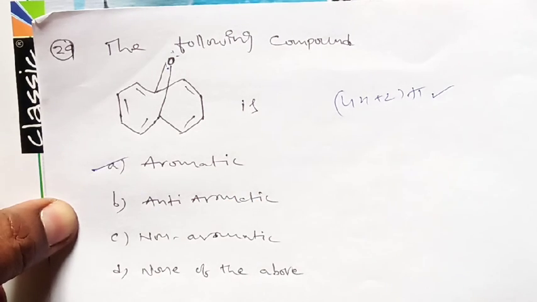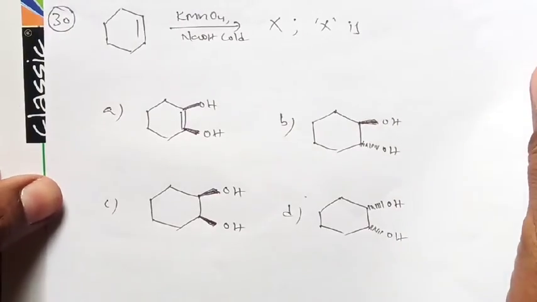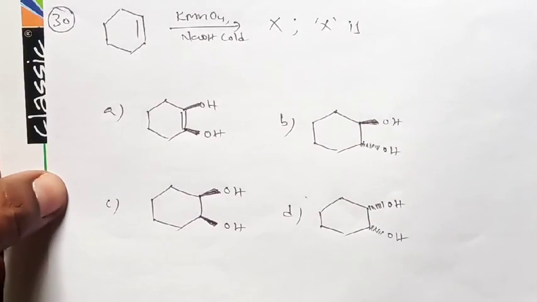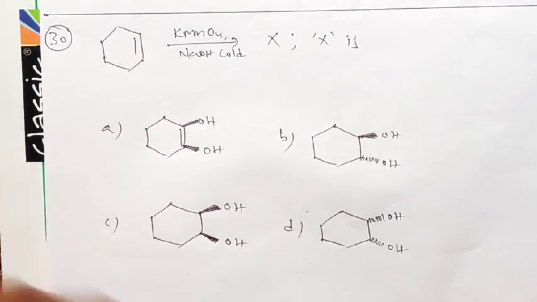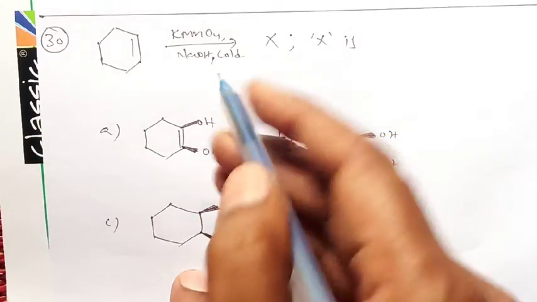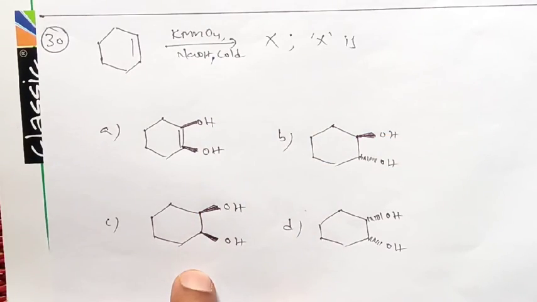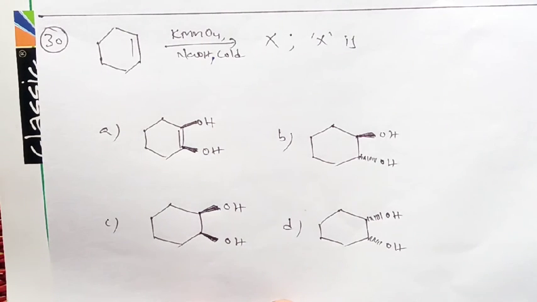Is it clear? Now look at the next question. This is also one of the important models. Here one structure is given, cyclohexene, KMnO4 NaOH cold. Whenever you observe this reagent, it is Baeyer's reagent. In Baeyer's reagent, what are the steps involved here?